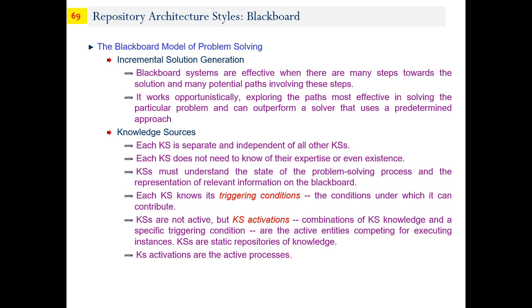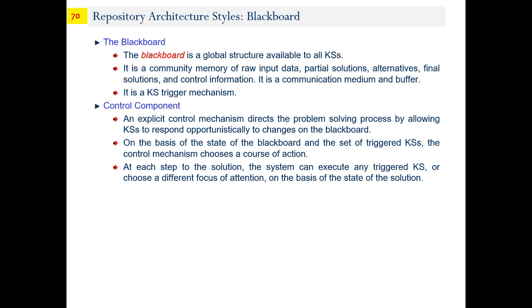In Blackboards, we have seen each knowledge source knows its triggering conditions and activations. Without that, one cannot work with the Blackboard model, otherwise things will be hidden. Blackboard is a global structure. Just see to it. The difficulty is that this is highly dependent on coupling, a very high level of coupling.